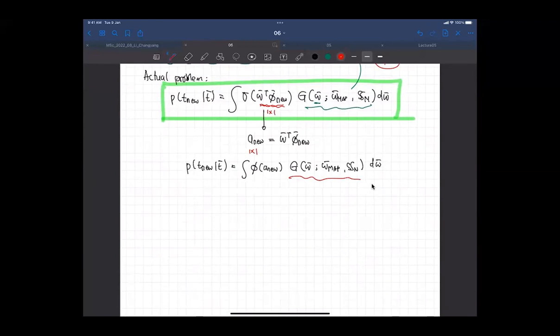The basic idea is, let me think. Let me say the goal first. The goal is that we want to transform this one into something like a Gaussian of a new, with mean a_N and a standard deviation.